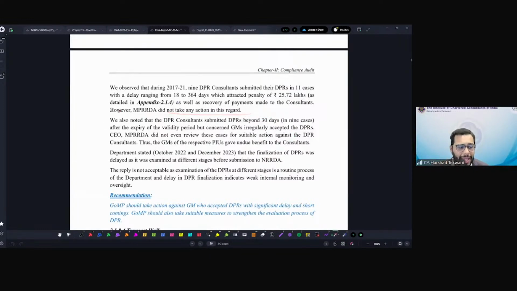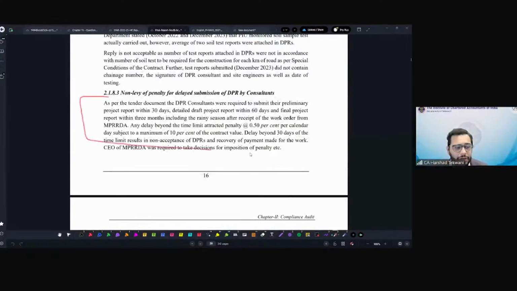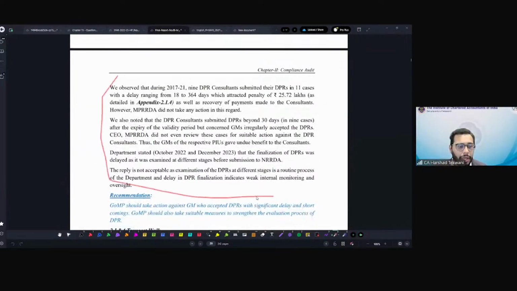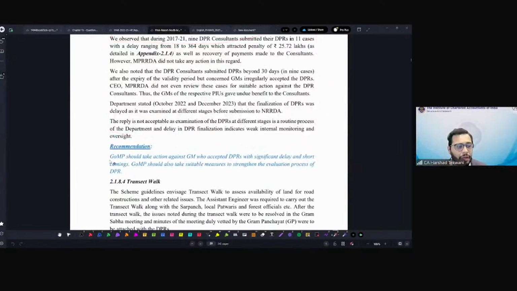So they are saying that this was the requirement of the provision, that you need to charge penalty, but they did not charge penalty over here. That is their observation, and their recommendation is that they should take the penalty for significant delays and shortcomings, and accordingly, the process should be improved for the DPR.